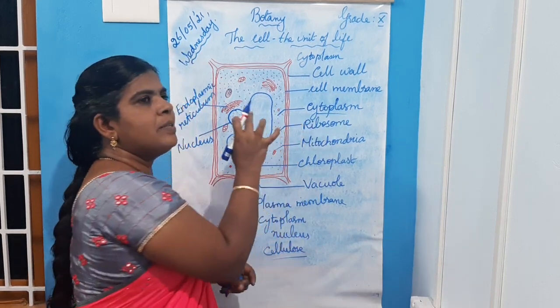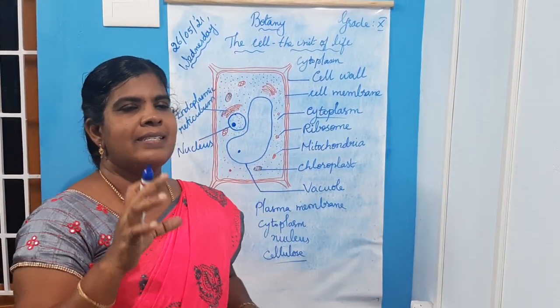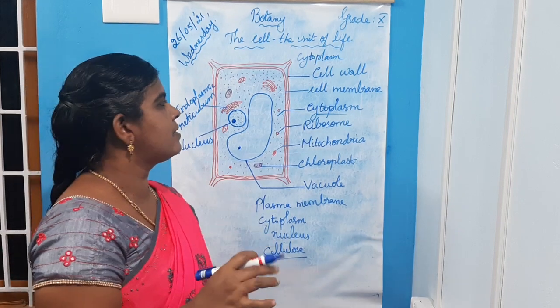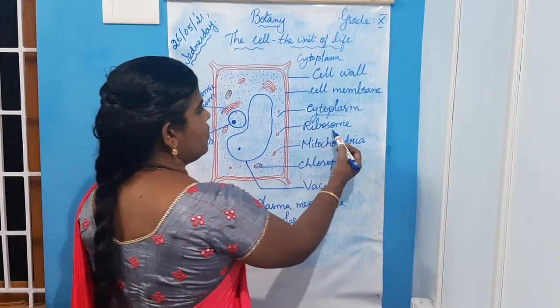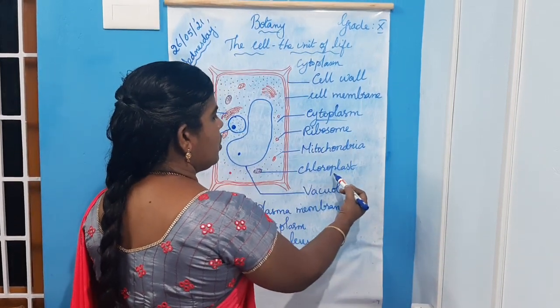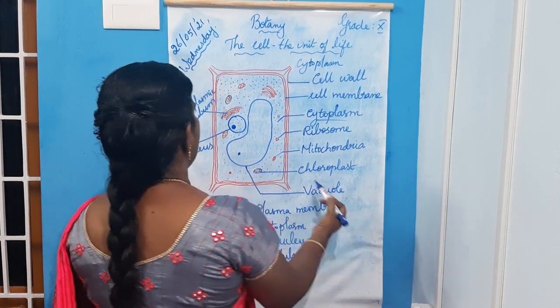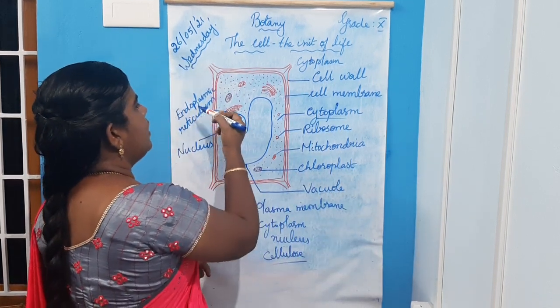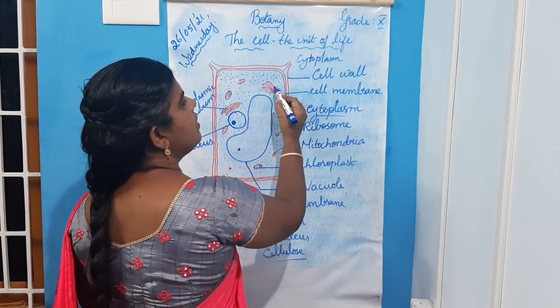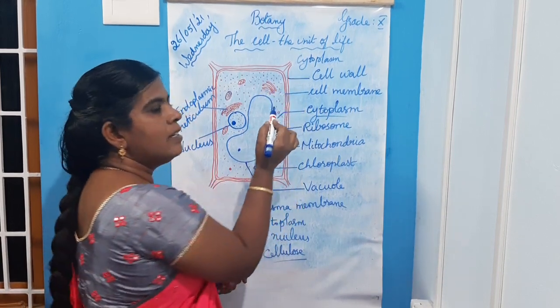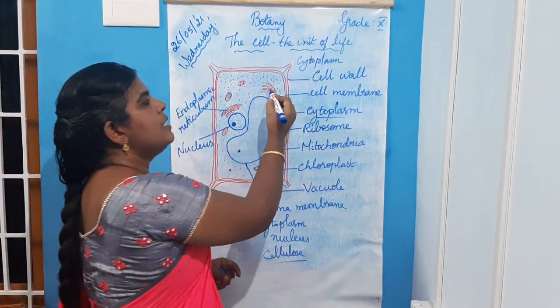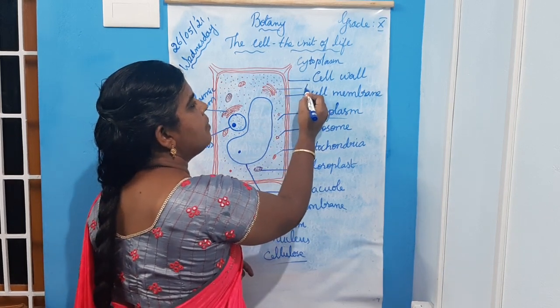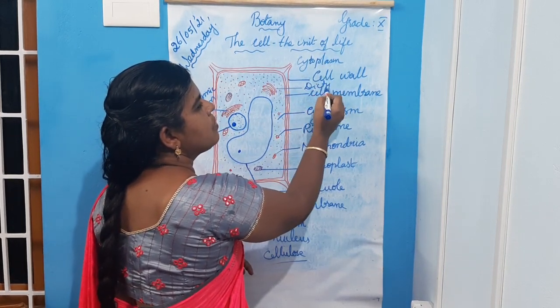The cytoplasm contains cell organelles such as ribosome, mitochondria, chloroplast, vacuole, nucleus and endoplasmic reticulum. Then the Golgi apparatus: in animal cells we say Golgi apparatus, but in plant cells it is termed dictyosomes.